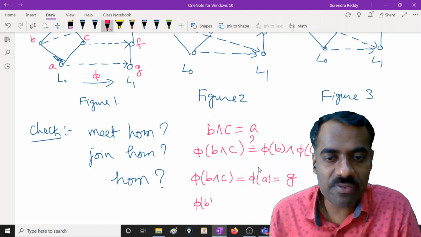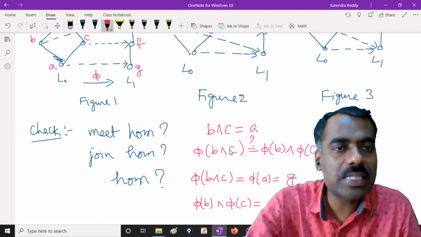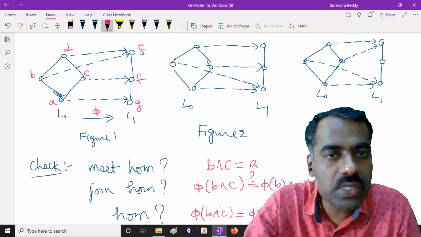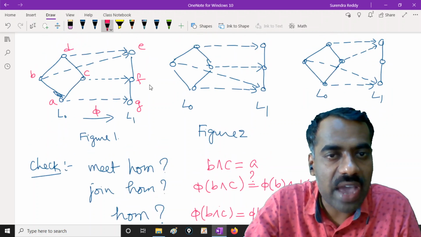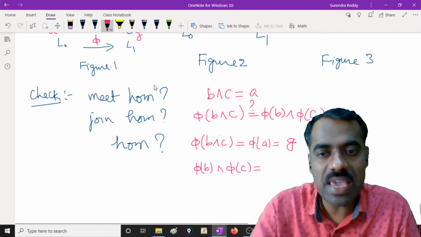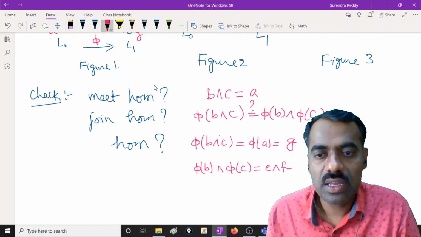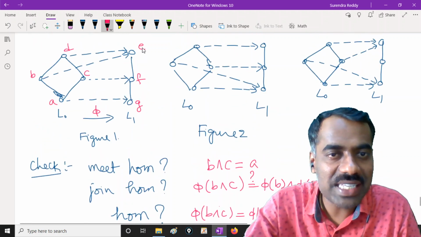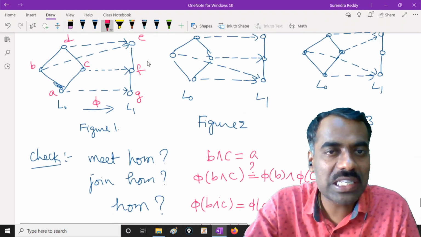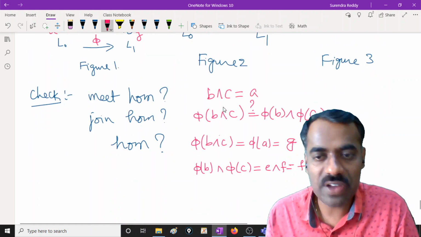What about phi of B meet phi of C? That means where is B going to? B is going to E, and C is going to what? F. So E meet F. Now what is E meet F in this chain? In this chain, because E is bigger than F, obviously meet is the smaller one, right? So E meet F is F. Are you following?